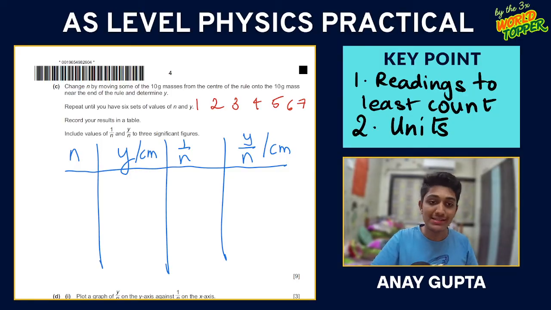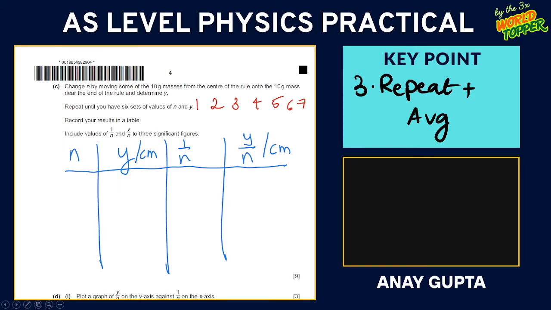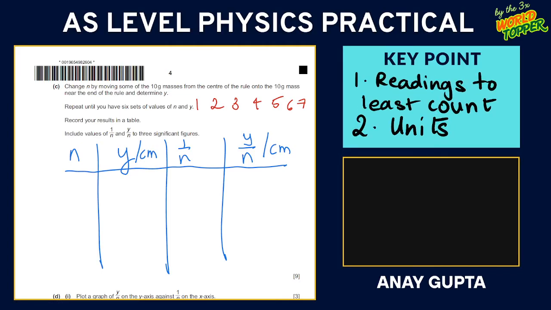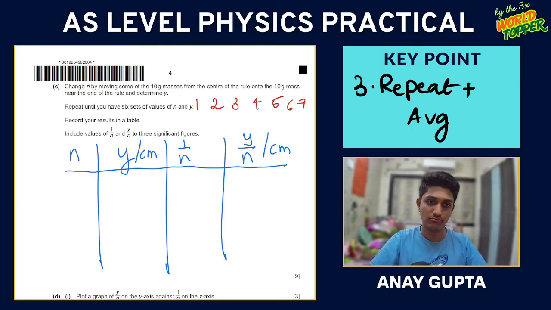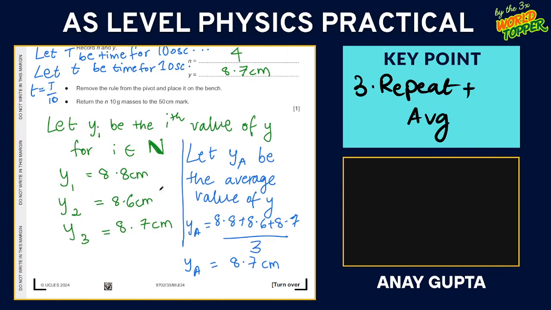So my next key point that we come to... I think the key points just froze. I'm sorry for that. But if you just see, the third key point was repeat and average, the annotation that we did there.